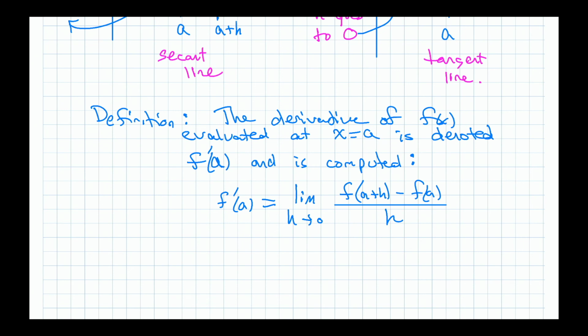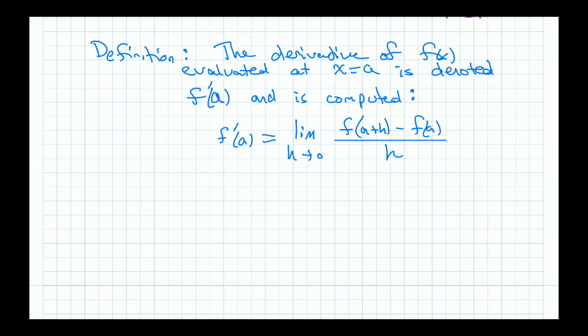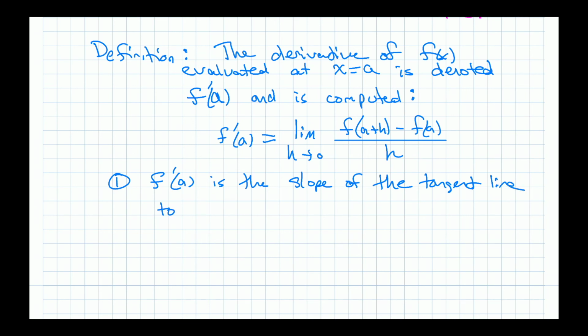And what it is, the main interpretation, I mean, there's many interpretations, but the interpretation is, number one, f prime of a is the slope of the tangent line to y equals f of x at the point a comma f of a.